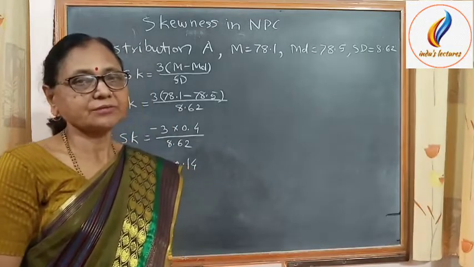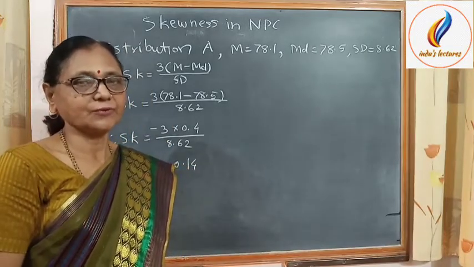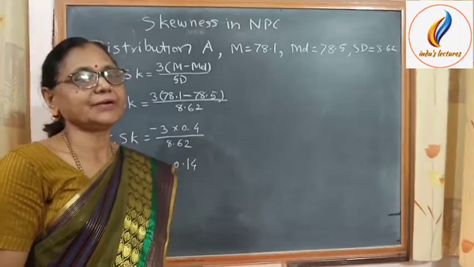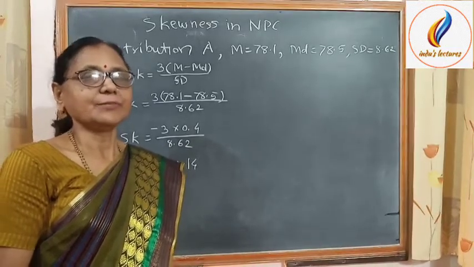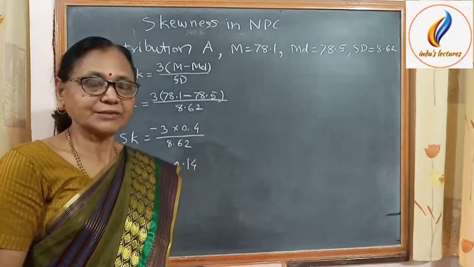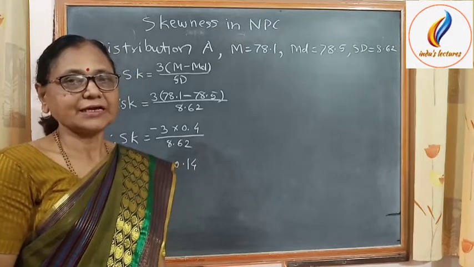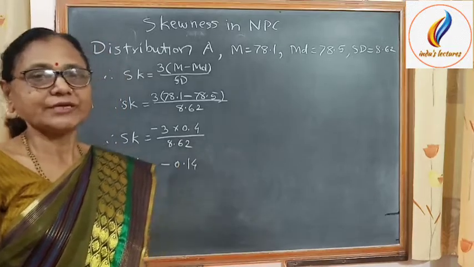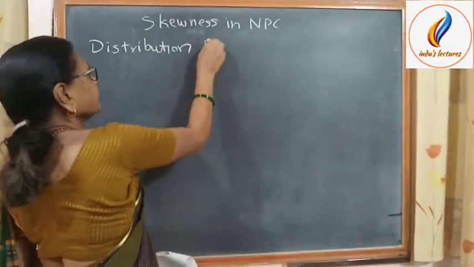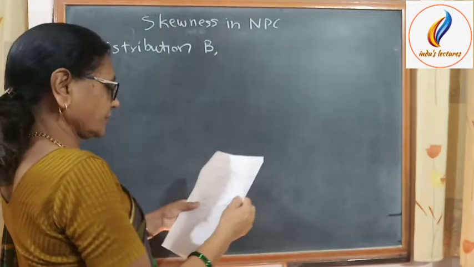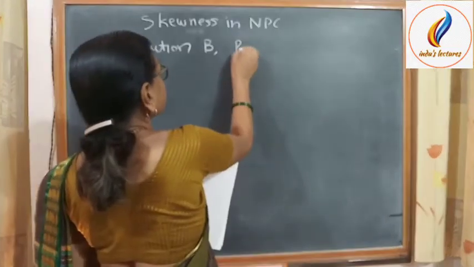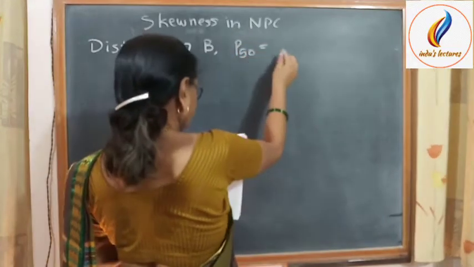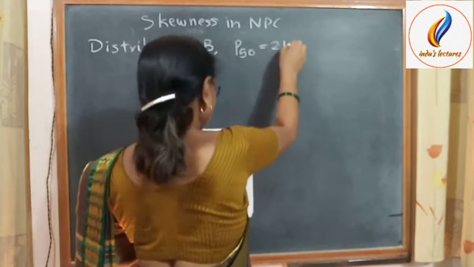Consider the distribution B and if we calculate the P90, P10 and P50, that means 90th percentile, 10th percentile and 50th percentile, then we can find the skewness of the distribution B. P50 is equal to 21.70.